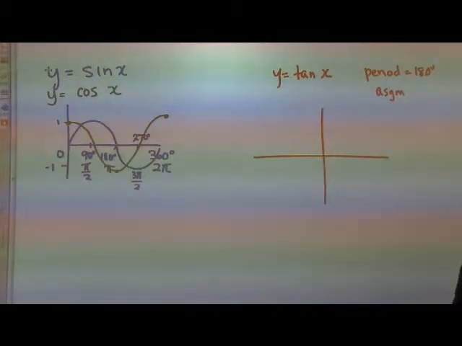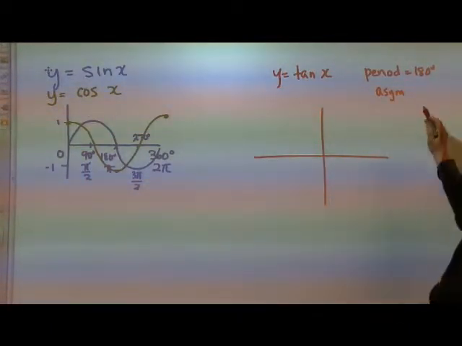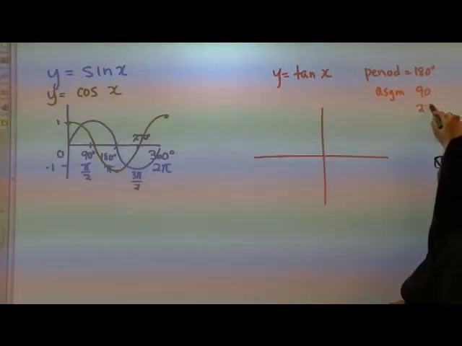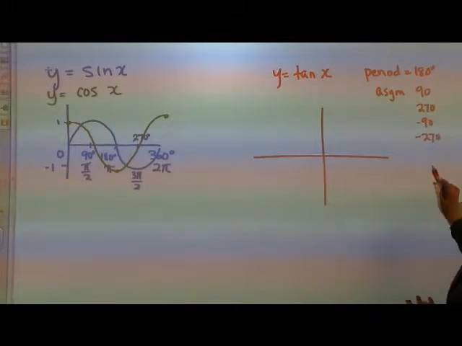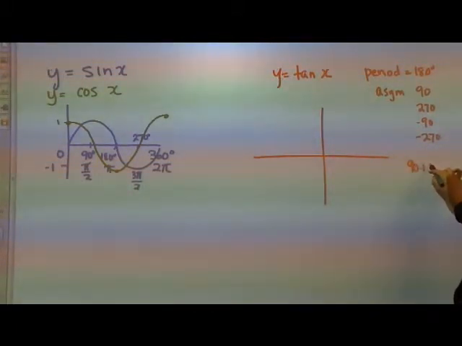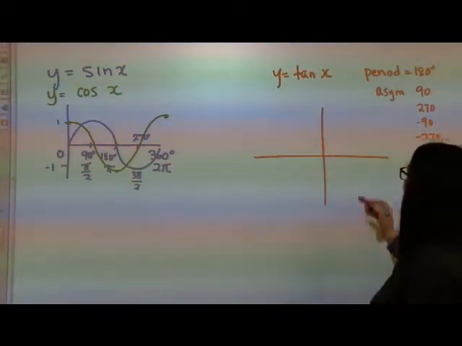So where are the asymptotes on a tan graph? At 90 and 270. And then negative 90 and negative 270. So if I had to write that as a function, it would be starting with 90 and then adding multiples of 180. That would be where I'd find all of the asymptotes.